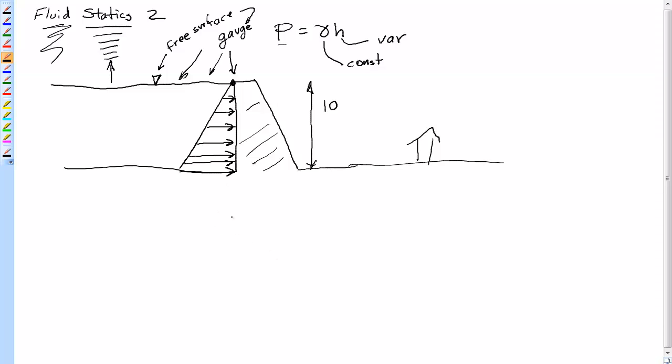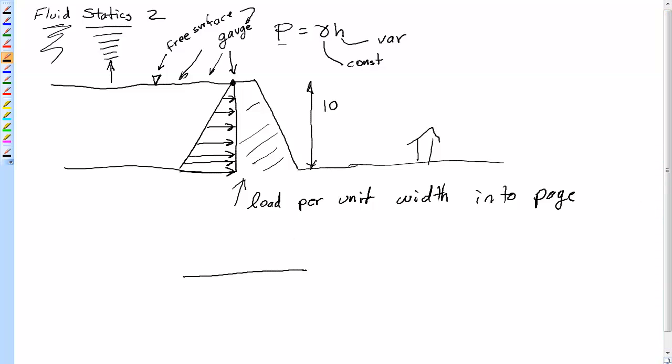So suddenly the concept of statics becomes pretty important here. Let's say we turn this thing sideways. Before we turn it sideways, let's say we're interested in the load on this per unit width into the page. So if we're interested in that, we could turn the thing sideways.